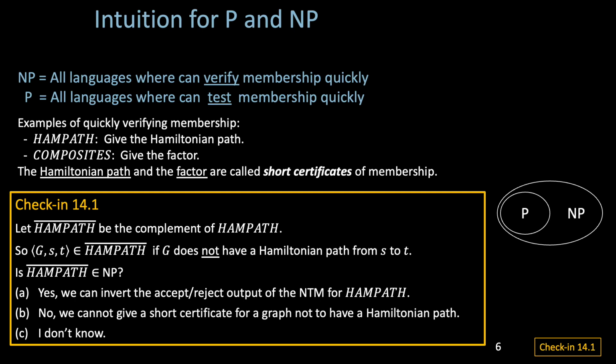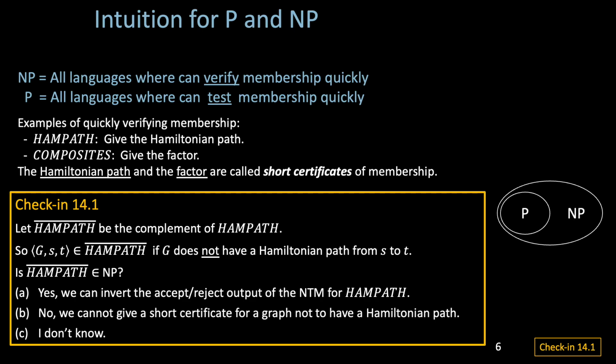So that leads us into answer choice 2, which is no, we cannot give a short certificate. I just argued about why it was not possible to give a short certificate. So this answer choice seems valid until we remind ourselves that we don't actually know whether P is equal to NP. Given that, the answer choice C makes a lot more sense.